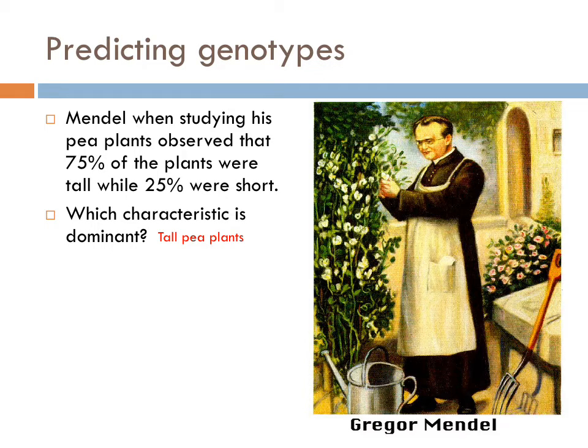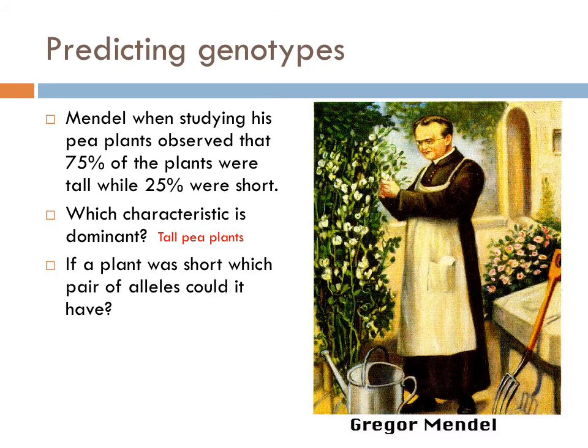Now, let's think. Let's give it a letter. Let's choose letter T. If it was a short plant, which pair of alleles would it have? Remember, short is recessive. We don't have so many of them.